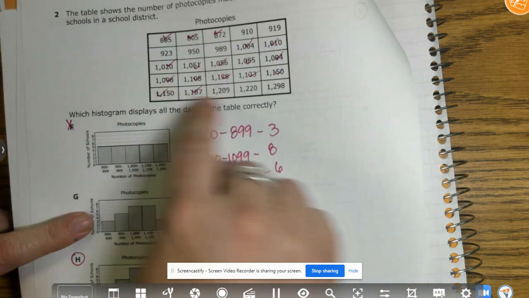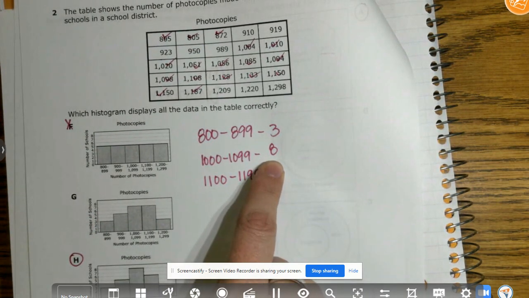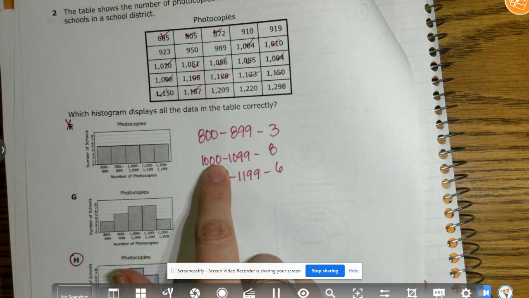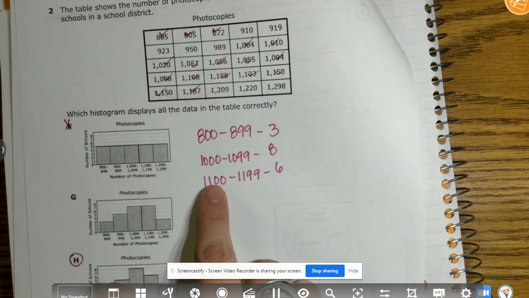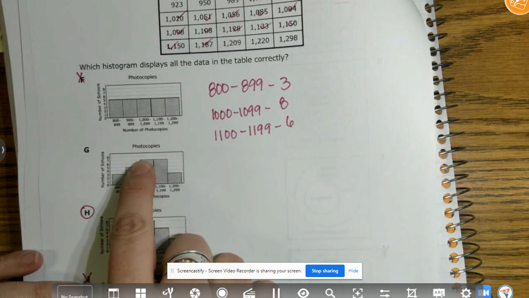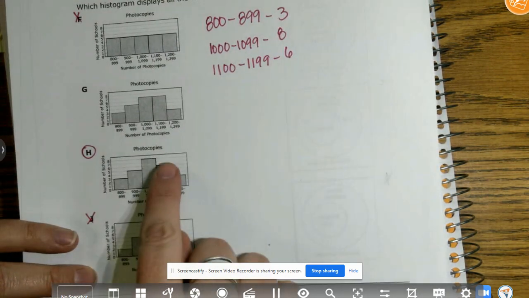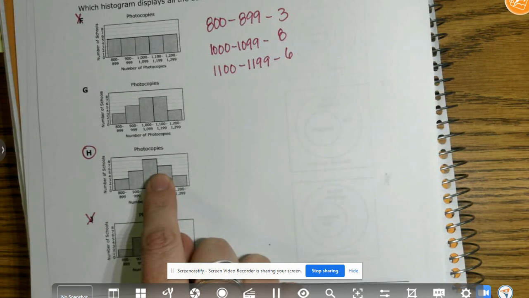When you go back up here and you count, there were 8 schools that fell between this number of copies and 6 schools that fell in the number between this one. So it was 8 and 6. And then if you look at your bar graph, this showed 7. So this could not be right because the numbers are different. So my answer would have been H. Okay. Again, this is some data analysis, and we're going to be starting on this in our next unit.